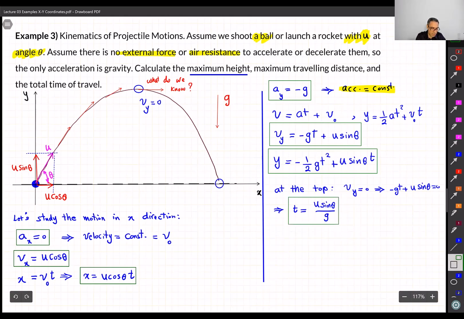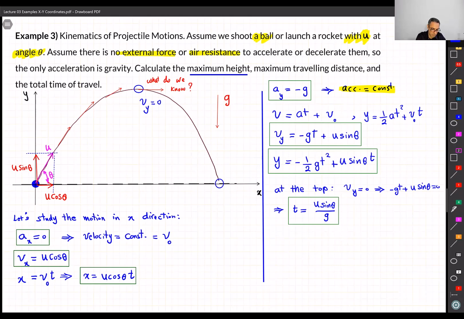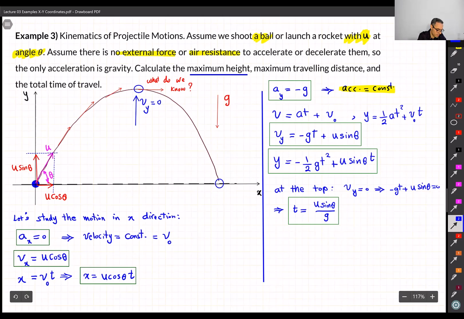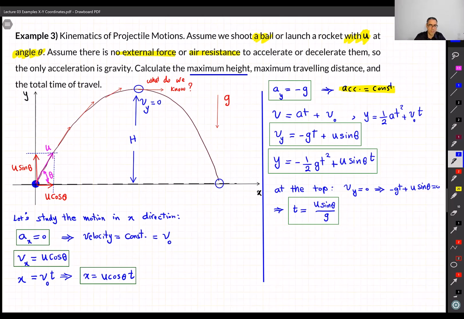Now that I have the time, I can find out how high it goes. So let's use one of these. Now I can find the distance that I have here; let's call it h. I have a formula for y, which is this formula. I just replace the time.